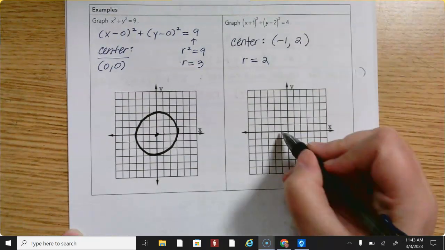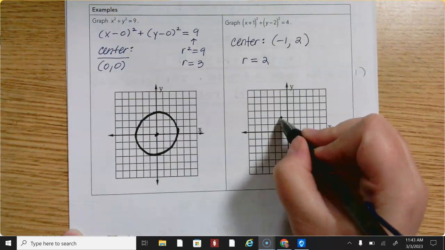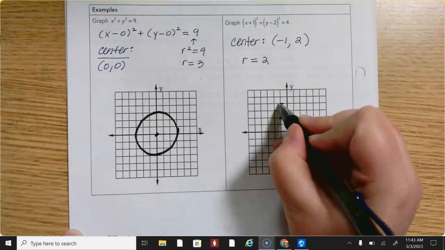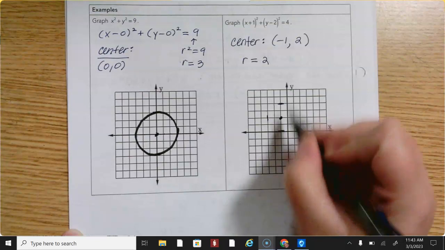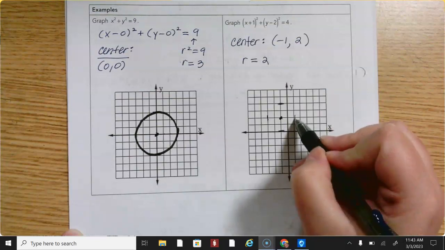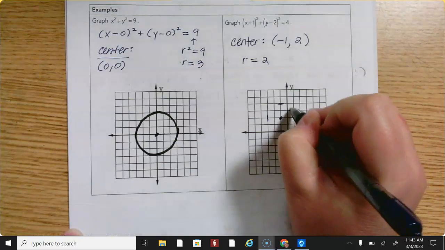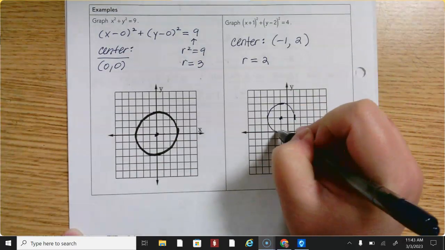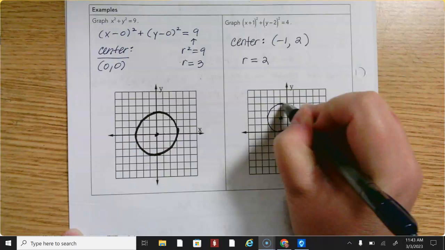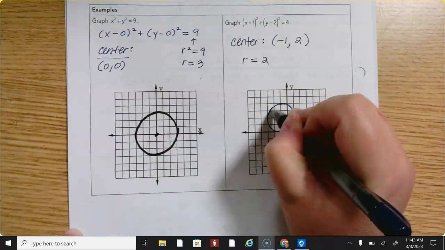So I'm going to go to -1, 2, and then I'm going to go up 2, left 2. Why 2? Because the radius is 2. So that tells me how far to go from the center to the edge of the circle. And then I'm going to make the best circle I can that goes through those points.